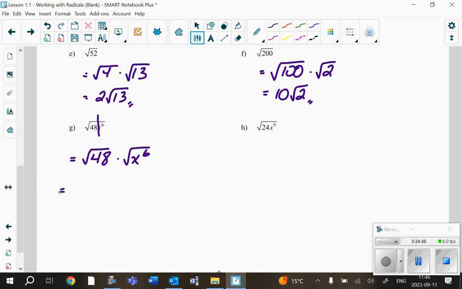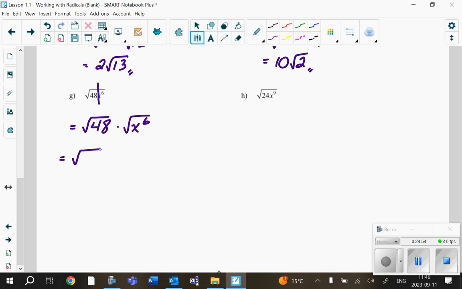Well, root 48, highest perfect square? Heard somebody say 16. Therefore, the other number must be 3. We can actually simplify these. This one I don't have to simplify because I can take the square root exactly.